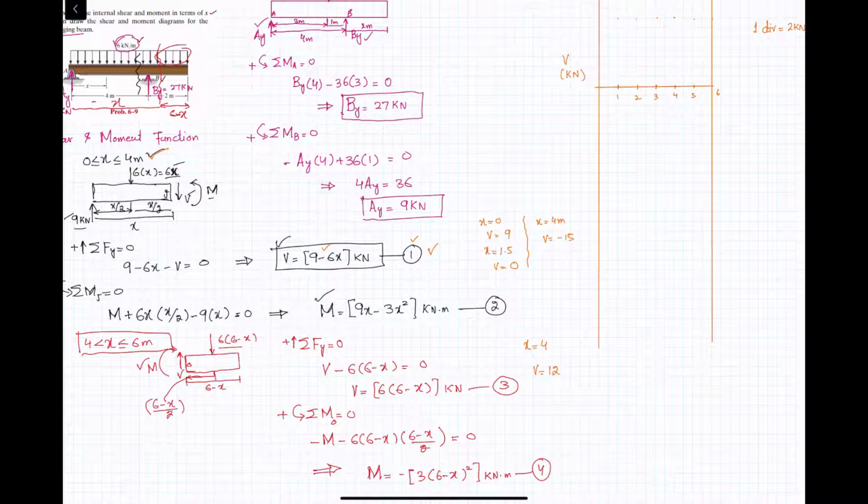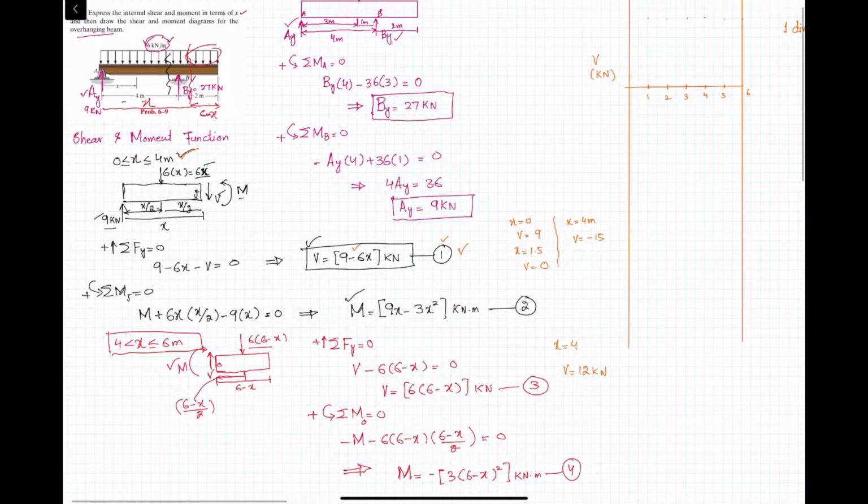So at 4, the shear force changes from minus 15 to 12. Why? Because at x equal to 4 you have the distributed load above, and below that at this point there is a reaction force. So shear force changes from minus 15 to 12.